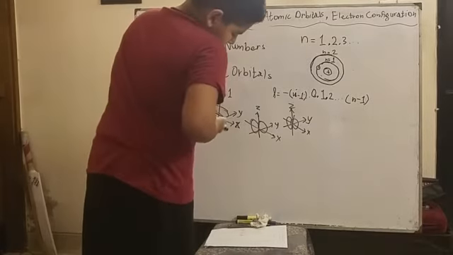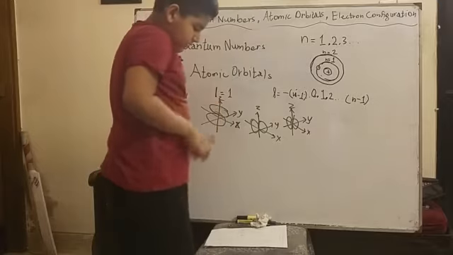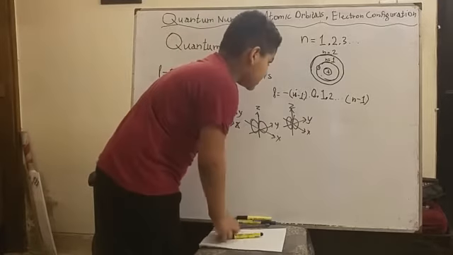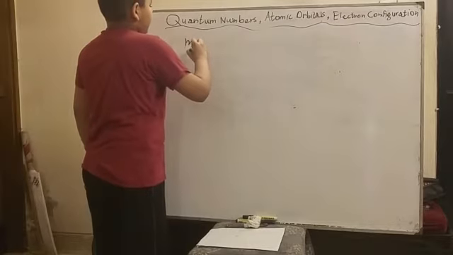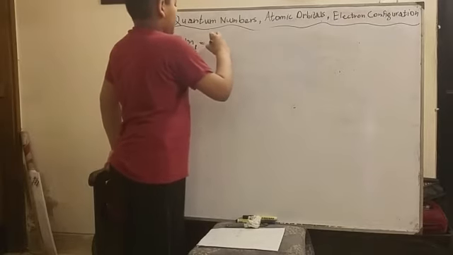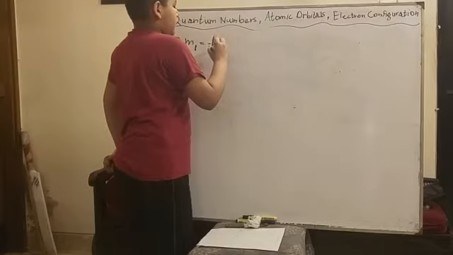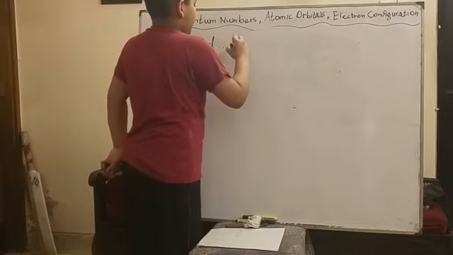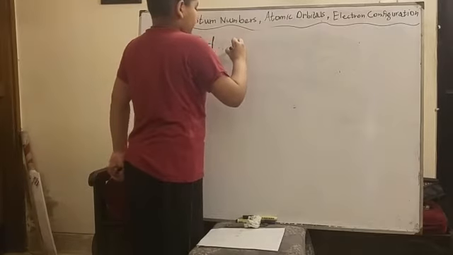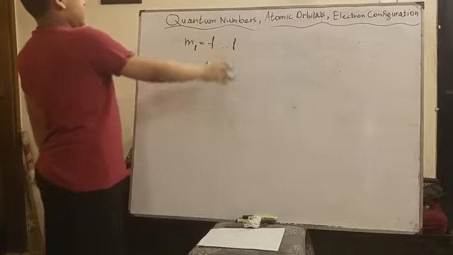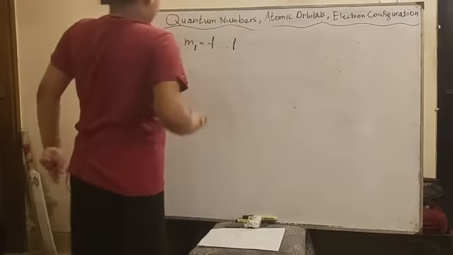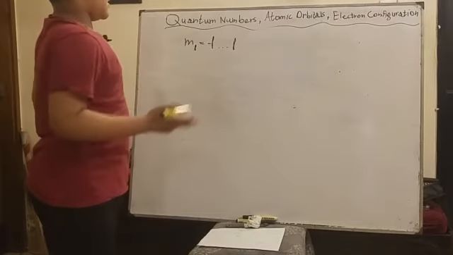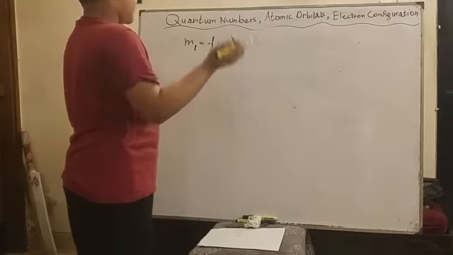Now that we know about L, there's another quantum number that we will describe now, which is m sub L, which is negative L all the way to positive L. This is dependent on the L value. This is kind of why there are different possibilities of each type of atomic orbital.